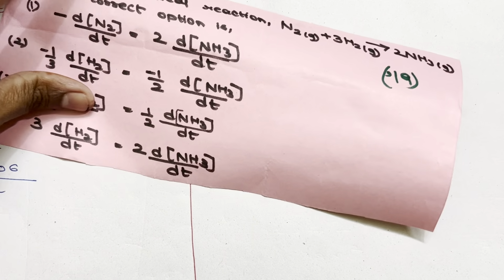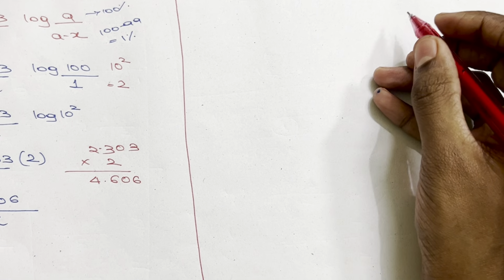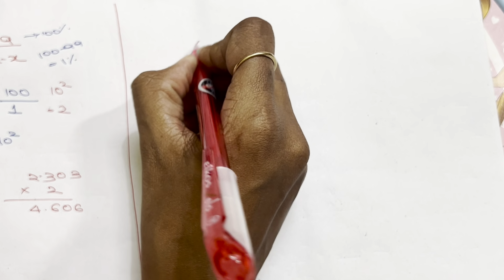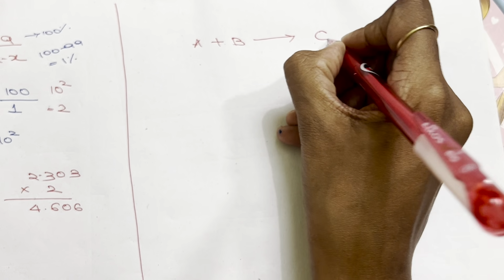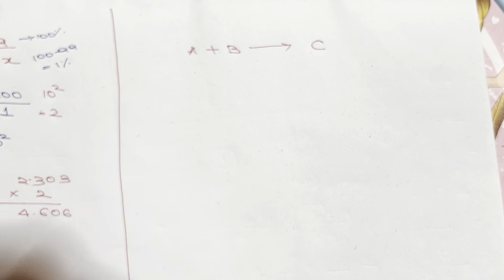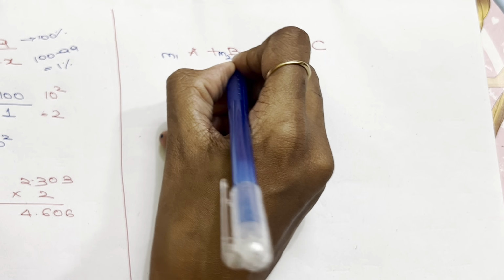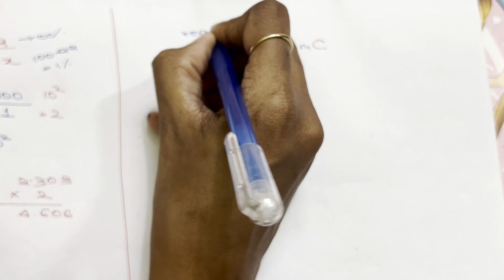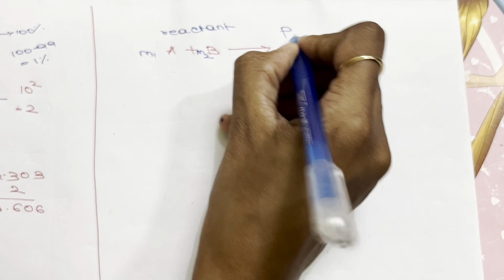Suppose for a general reaction we take A plus B converting into C, with stoichiometric coefficients M1, M2 and N1. These are your reactants and this is your product.